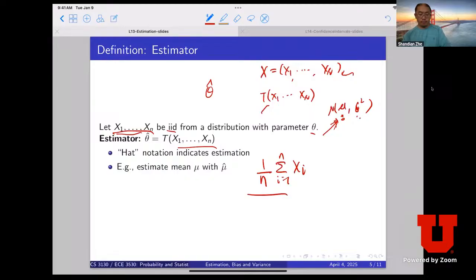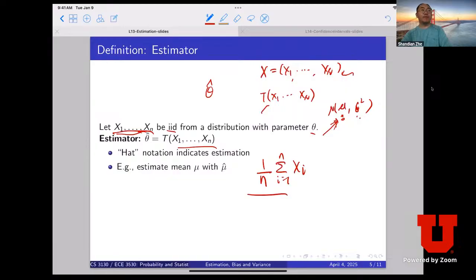You can view this sample x1 through xn as data. Because you can do experiments and take the observations of the sample. Given this data, you want to infer the parameters of the underlying distribution from which x1 through xn are generated. That is how the concept of the estimator is motivated.